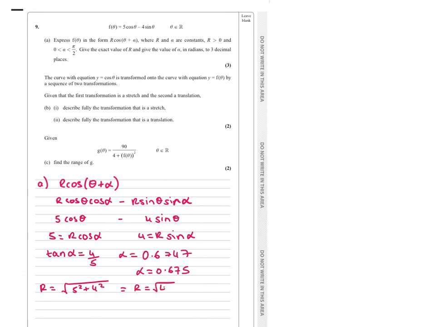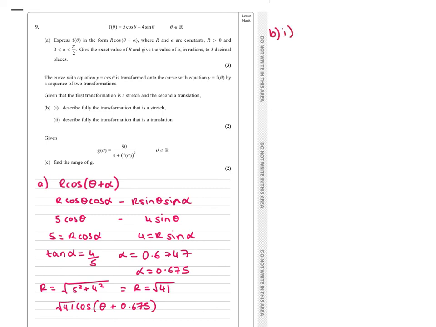R equals root 41. Perfect. So if we're going to write that in that form, we're going to get root 41 cos of (theta plus 0.675). Perfect. Then part B, i.